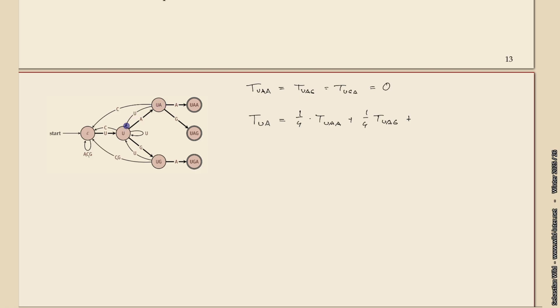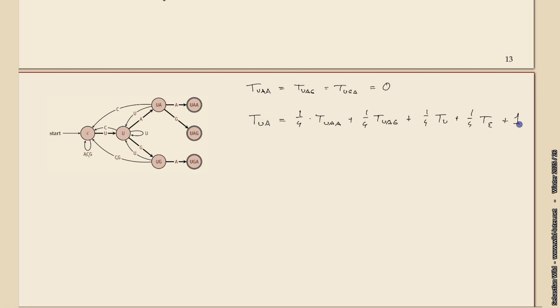Then there are also these two outgoing edges for U and C. With probability 1/4, I'm going back to T of U, and with probability 1/4, I'm going back to T of epsilon. But I shouldn't forget that I've taken a step, so I also need to add +1. In all of the cases, it's this one character that I'm reading now. Okay?